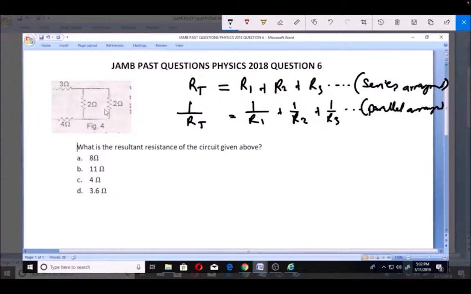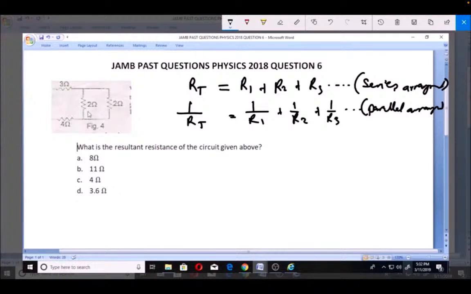So like these 2 ohm and 2 ohm, they are in parallel. But the 3 ohm and the combination of these two are in series. So we're going to find out a way of doing this. We can do these 2 ohms that are in parallel first.